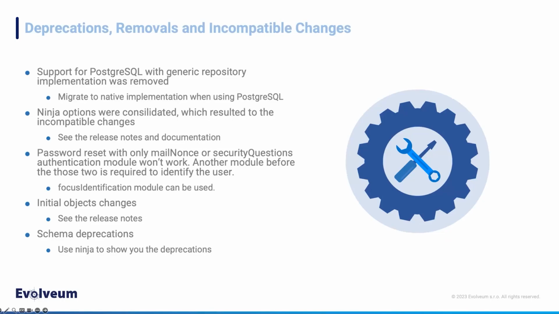Ninja options were consolidated, which resulted in incompatibilities. Please see the Ninja documentation to be sure you are using correct options. These changes were also backported to 4.4.6 and 4.7.2. Therefore, also those versions are affected.